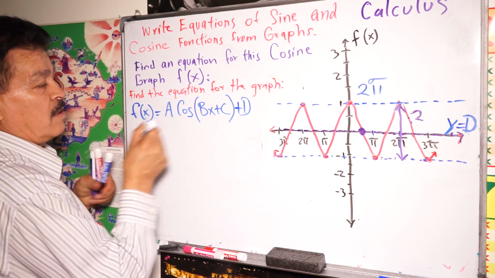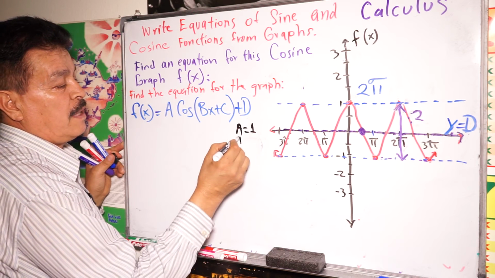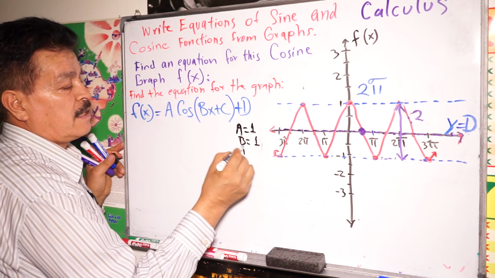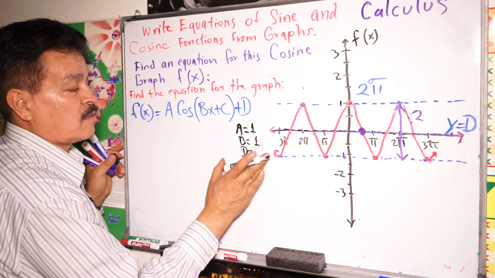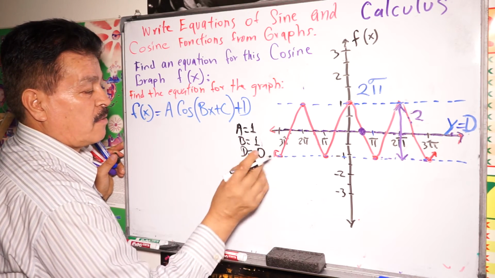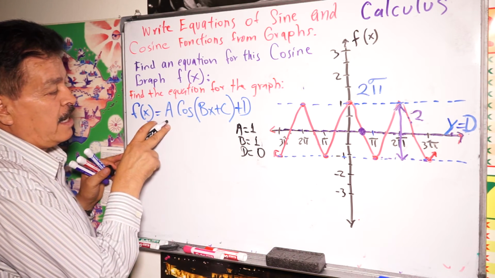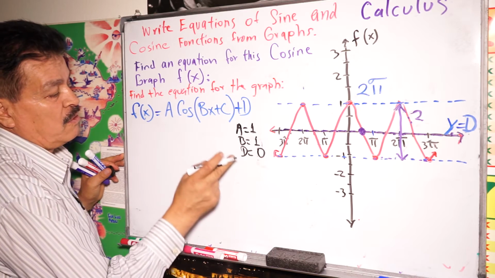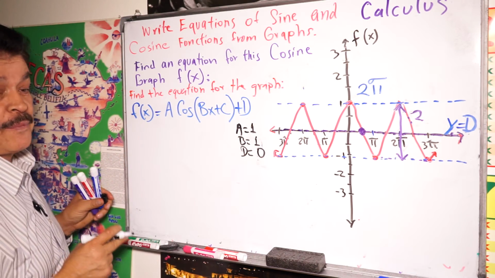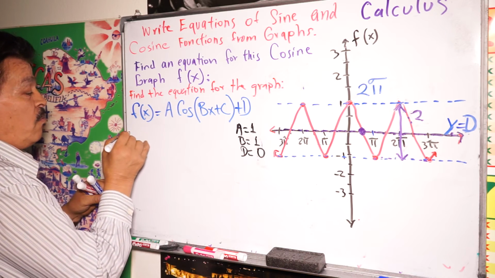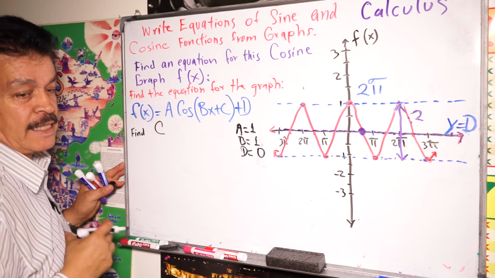Remember, A equals 1, B equals 1, D equals 0, the x-axis. So you already know how much A, B, and D are. All right, so now we have to find C. So how much is C?